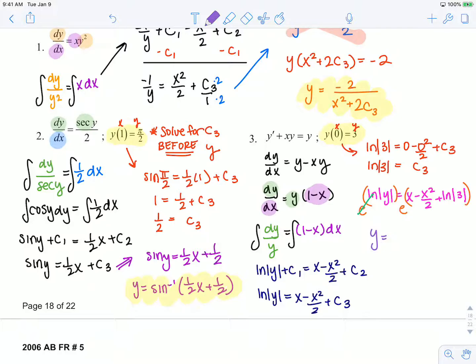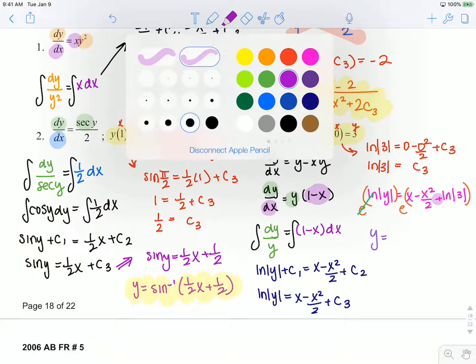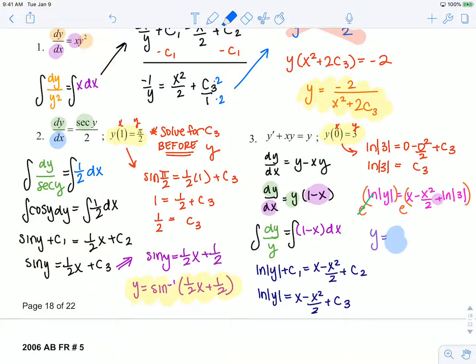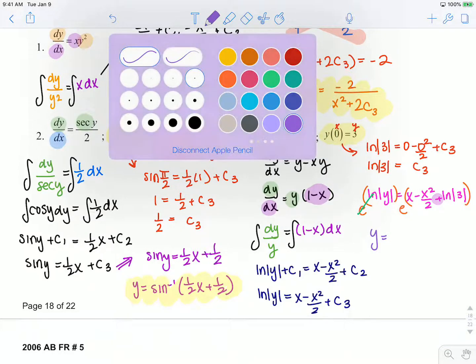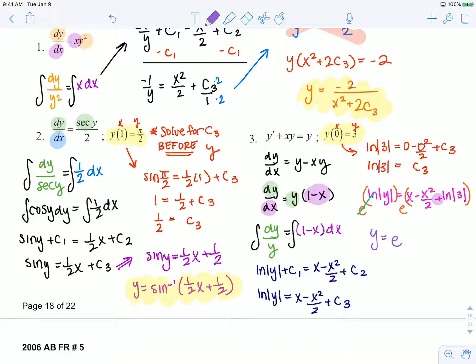Now remember, properties of exponents states when you are adding your exponents, since we're adding this exponent, that really means that we are multiplying powers with the same base.